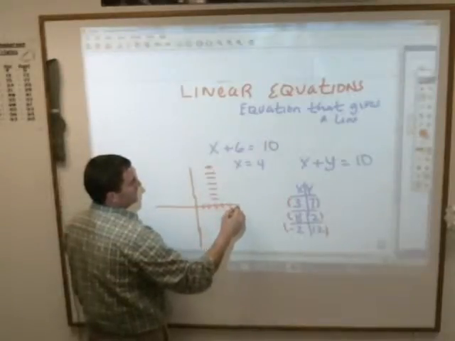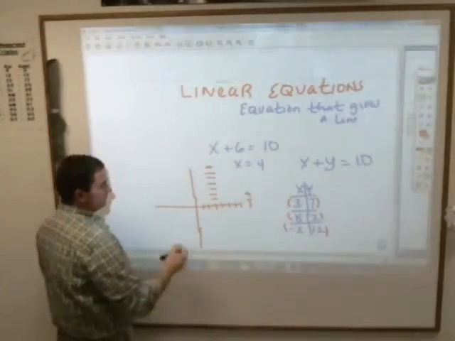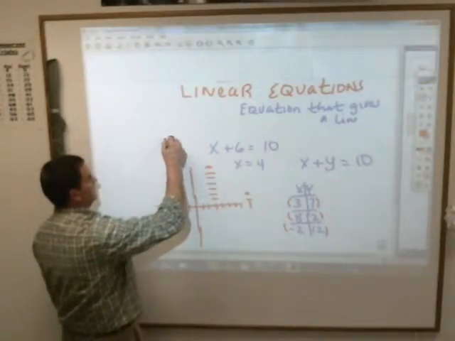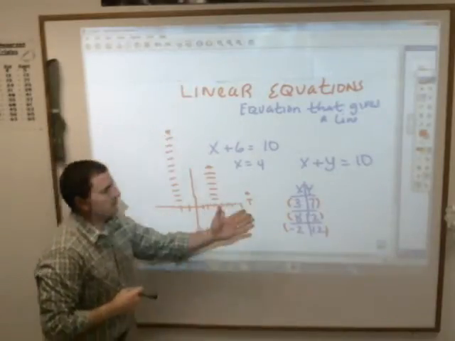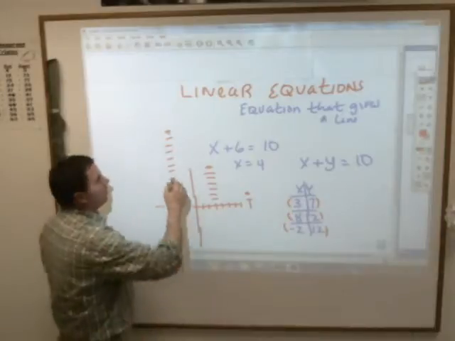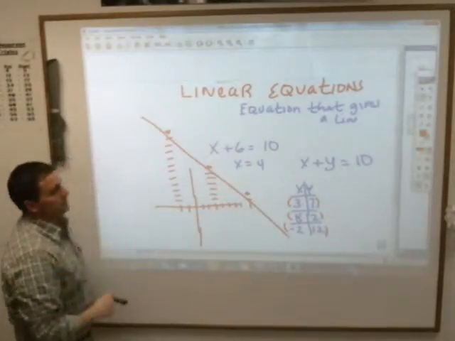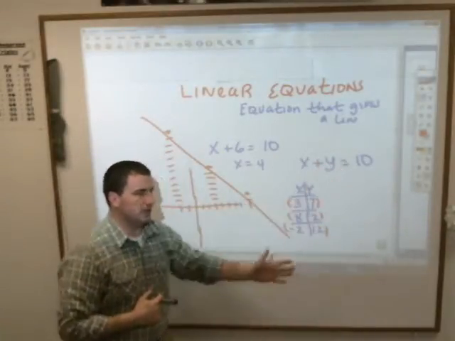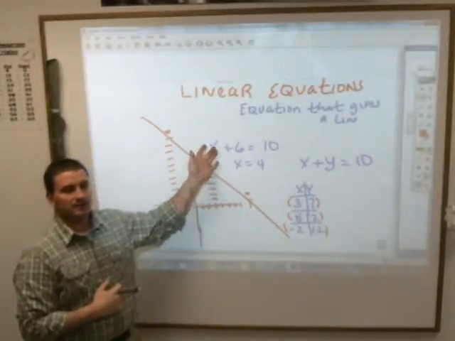If you do this right, all of the points, the possibilities for this, will fall on a line that looks like that. Mine's a little off because I put it on the board. This is a linear equation that gives you this line, and any point on this line is an answer that would solve this.